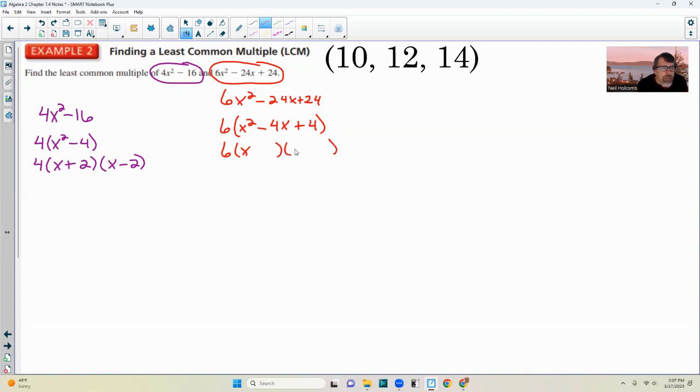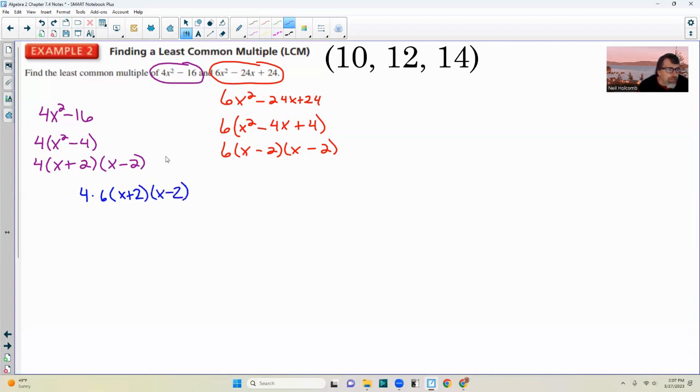So factors of C that add up to B, I want factors of 4 that add up to 4, and that's 2 times 2. Signs are the same, and they have to be negative to get a sum of negative in the middle. So my least common multiple now is just a list of all of the factors. So it is 4 times 6 times x plus 2 times x minus 2.